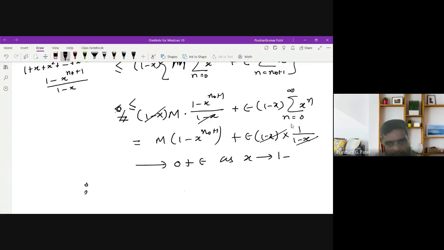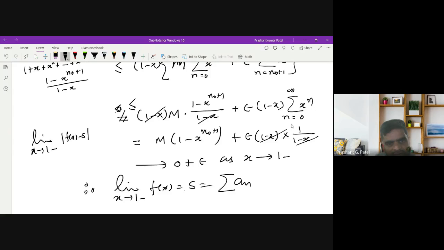So ultimately what we achieve, the limit as x tends to 1 minus of f(x) will be S, and S is the summation of an. Ultimately what we got is limit of x tends to 1 minus |f(x) minus S| is less than or equal to epsilon. But epsilon is arbitrary, so we can say that this is equal to 0, so this will be convergent.